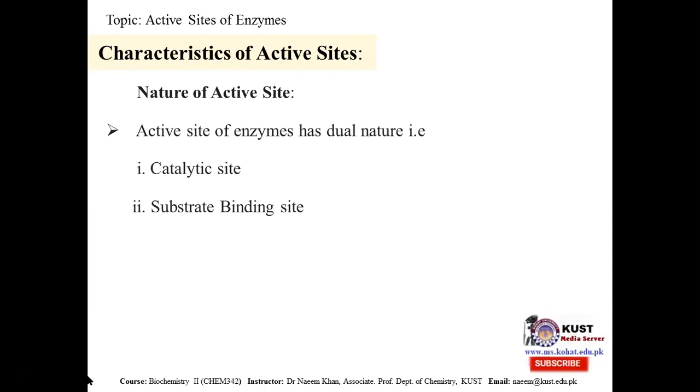So the active site is basically twofold, with two regions. One has groups required for the catalysis of the chemical reaction, and the second has groups required for attachment to the substrate.